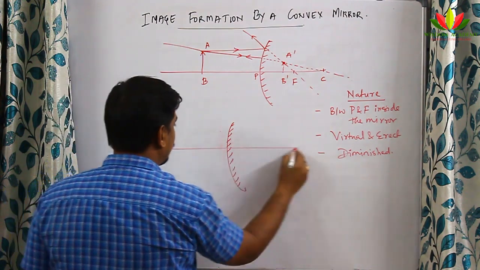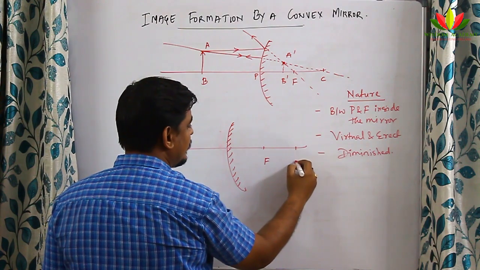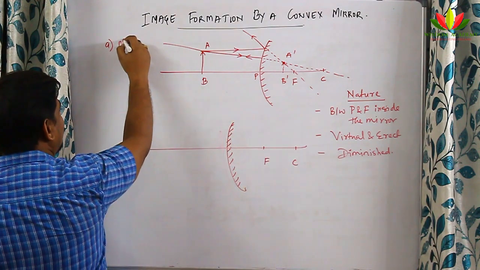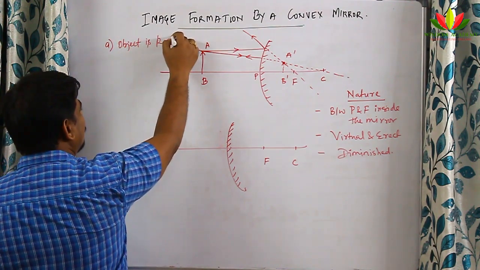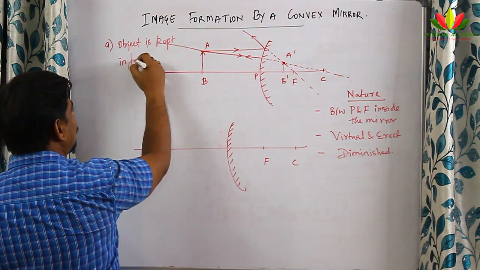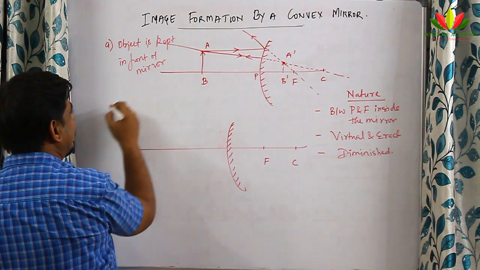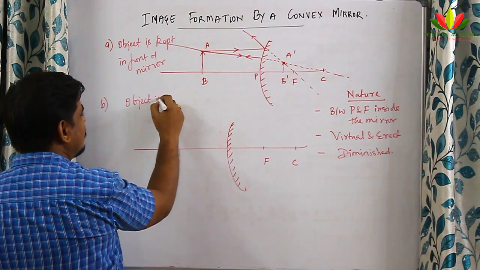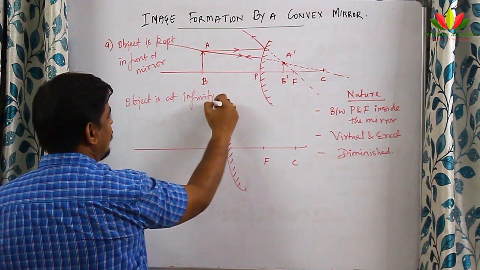So this is the convex mirror, let here be F, let here be C. I am writing here, this was the first case when the object is kept in front of the mirror, and this is the second case where the object is at infinity.